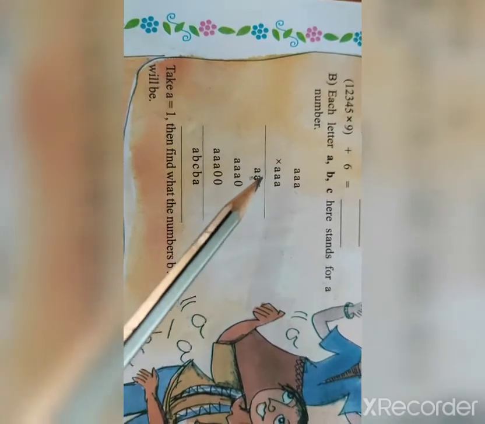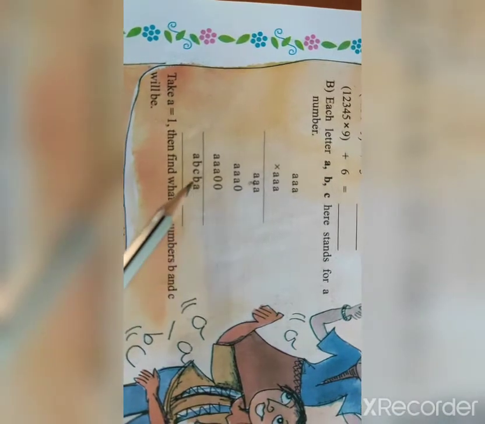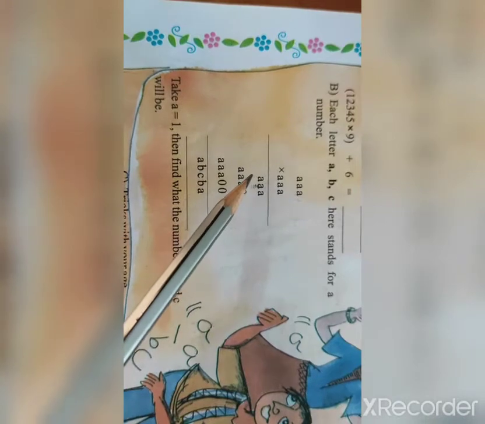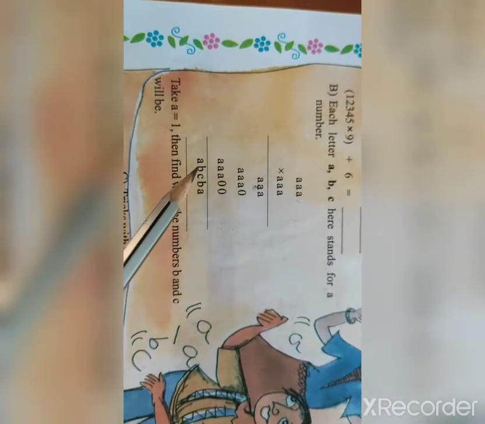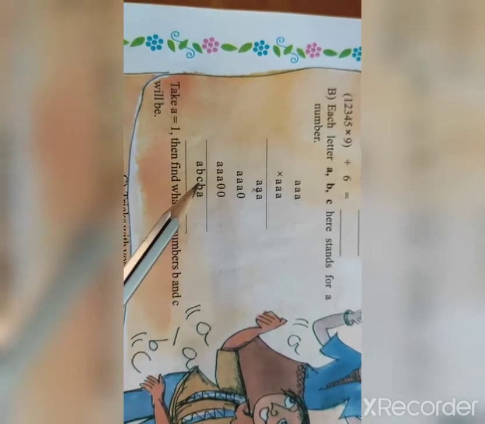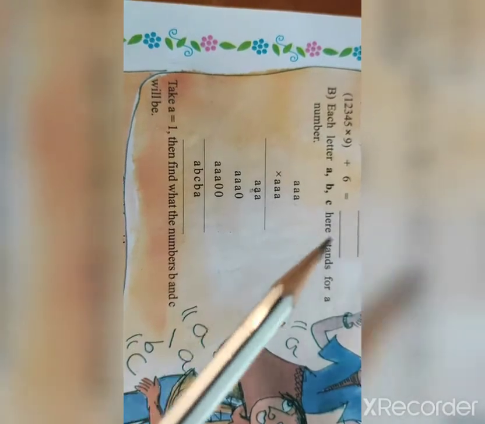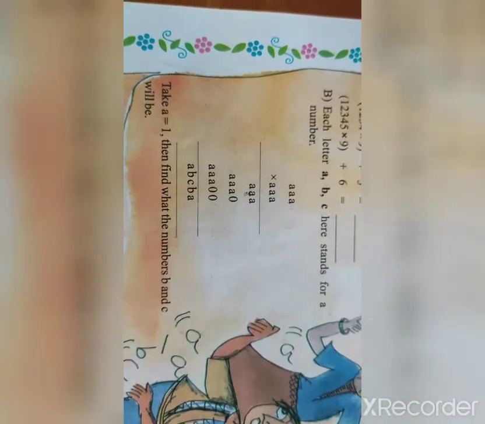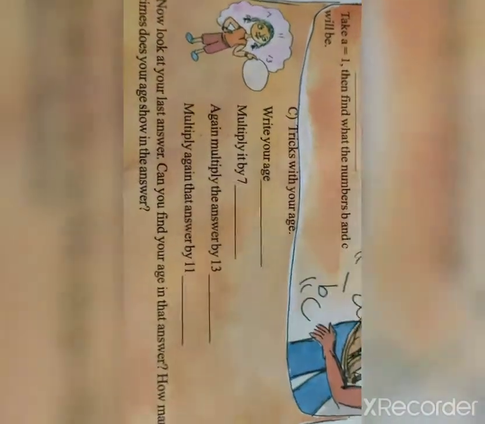Then 2A, that means 2 you will write here, and 3 here at the place of C, and 2 and 1. So the answer will be 1, 2, 3, 2, 1. You will solve and you will send the solution of this question to my personal WhatsApp number.